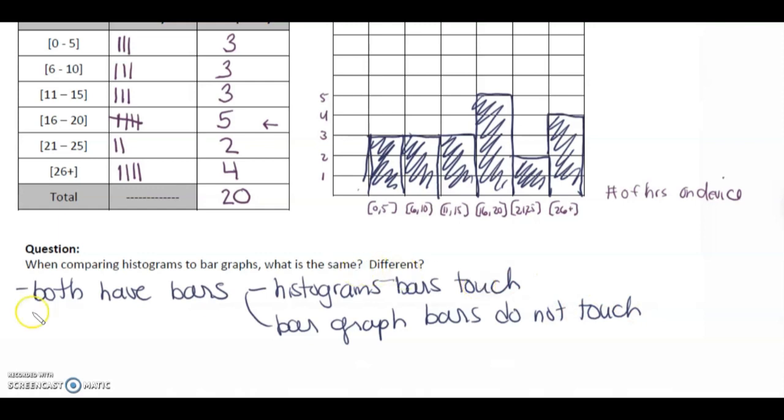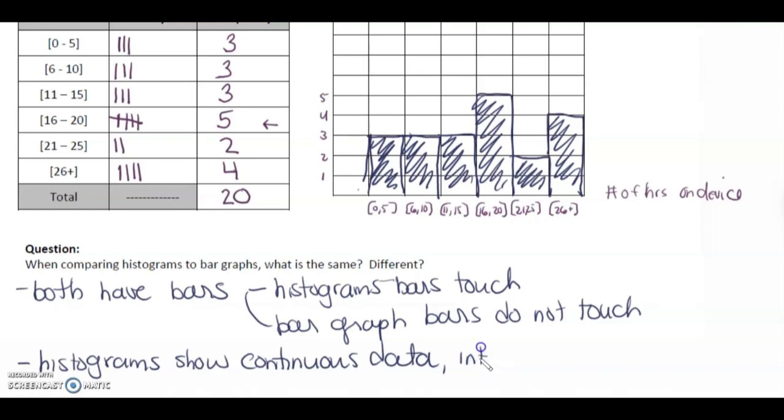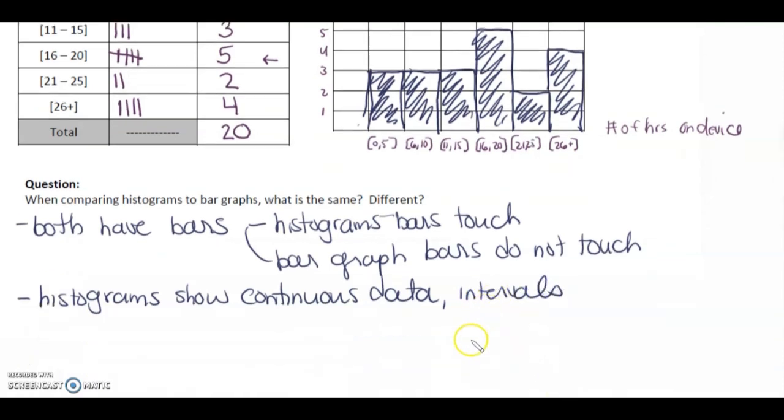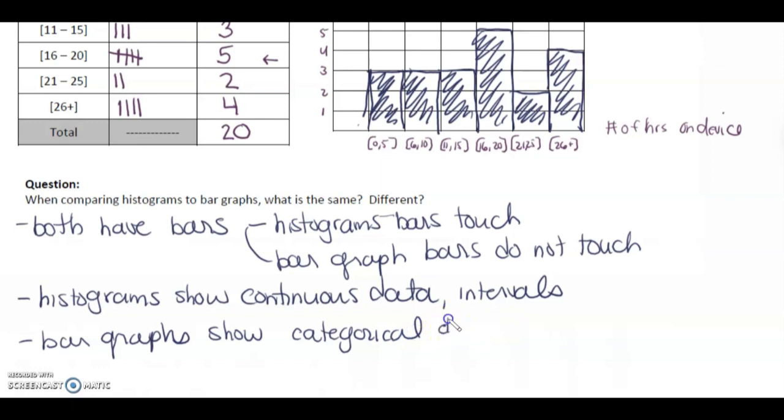Okay, and then also we can say histograms show continuous data and use intervals, whereas bar graphs show just, let's go categorical, and discrete data, and use either just like one number at the bottom or a category.